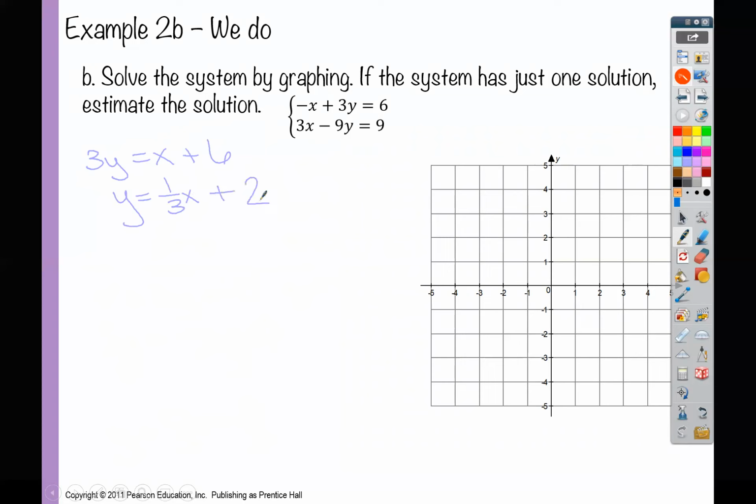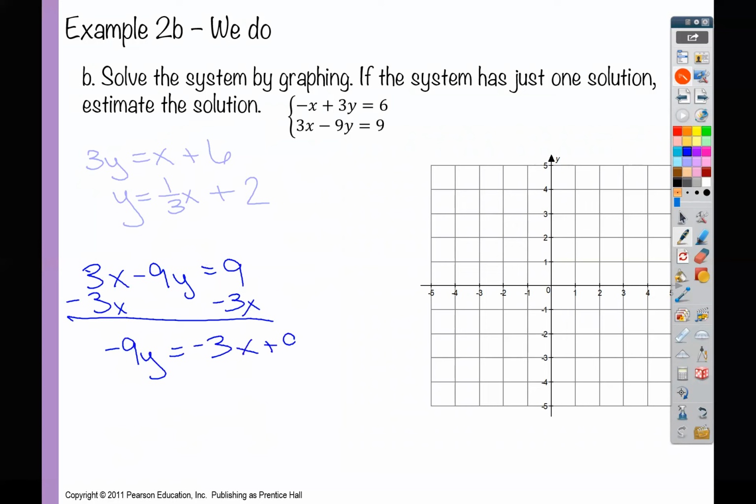So 6 divided by 3 is 2. Then I'm going to do the second equation. I'm going to subtract the 3x from both sides, and I would get -9y equals -3x plus 9. Divide everything by -9, and I get y equals 1/3 x minus 1.